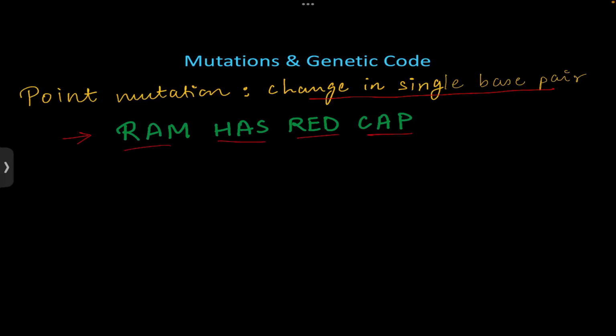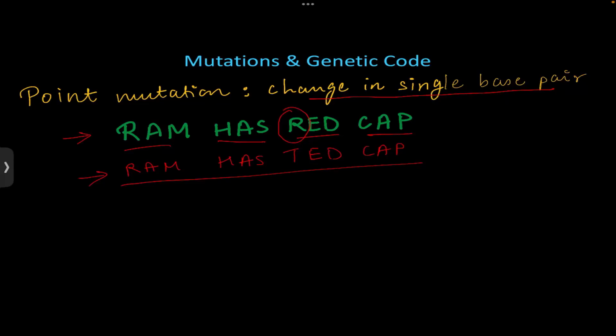Now, because of some mutational event, this particular base, say R, gets changed. If it gets changed, the meaning of the sentence is changed, to T. So now the meaning of this sentence gets changed completely. It may be possible that this particular statement doesn't make sense. Same with the sequence of the DNA as well.